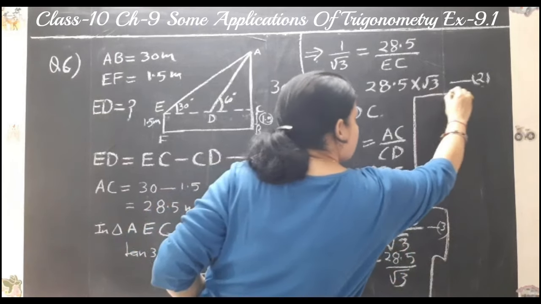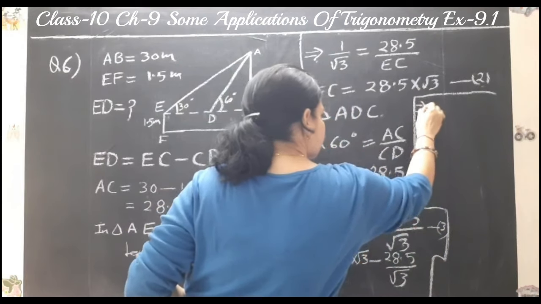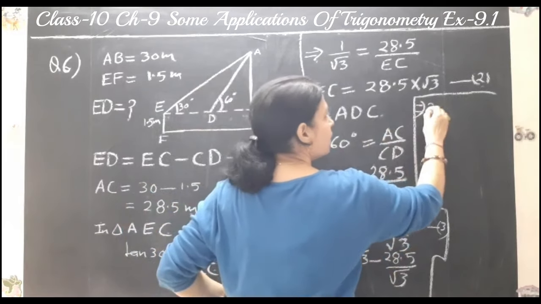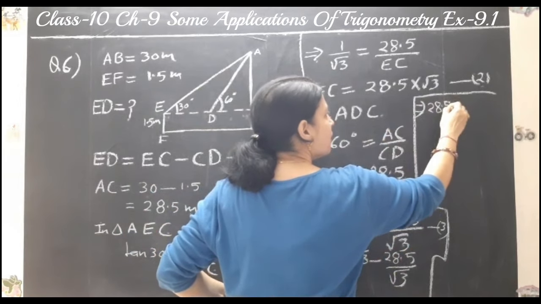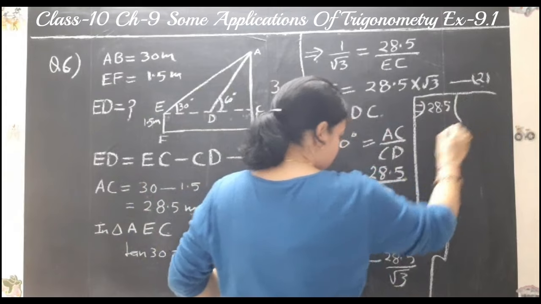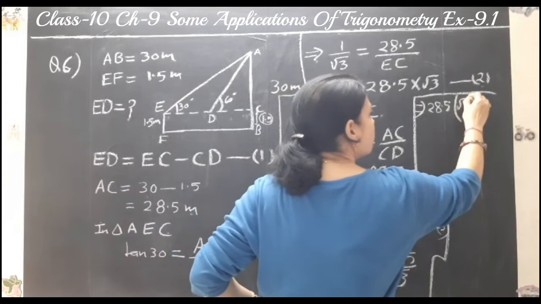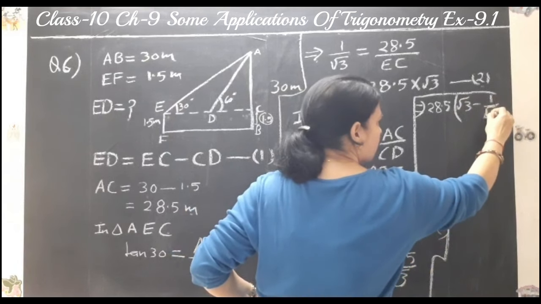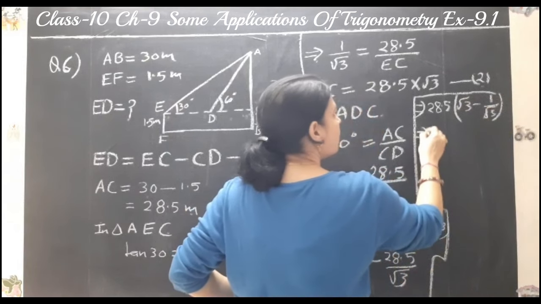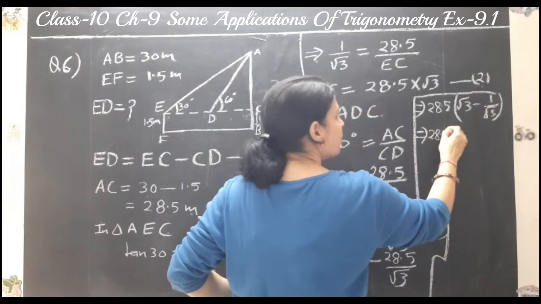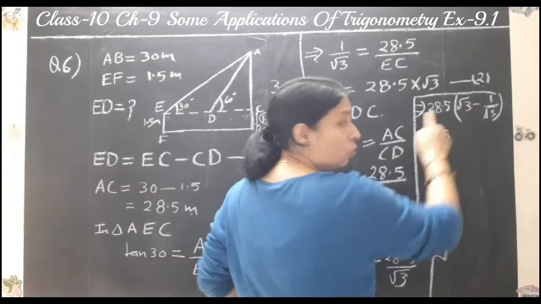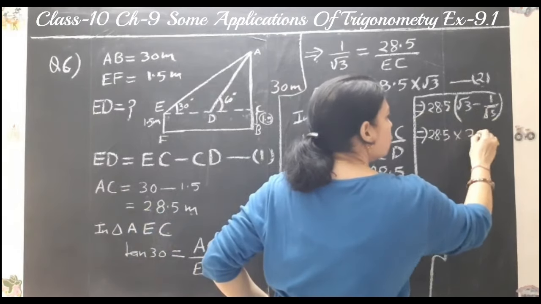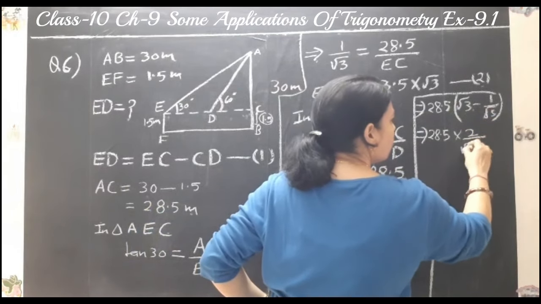Then right here we can take common 28.5. So it will be root 3 minus 1 by root 3. So right here 28.5, root 3 into root 3 will be 3. 3 minus 1 will be 2, divided by root 3.